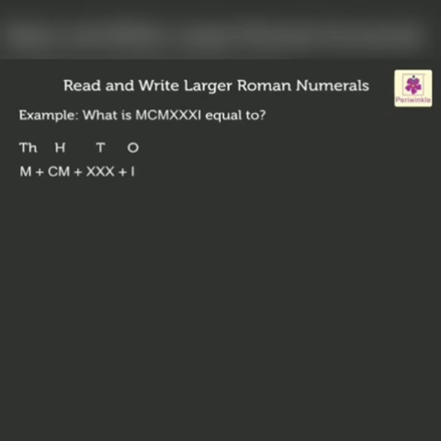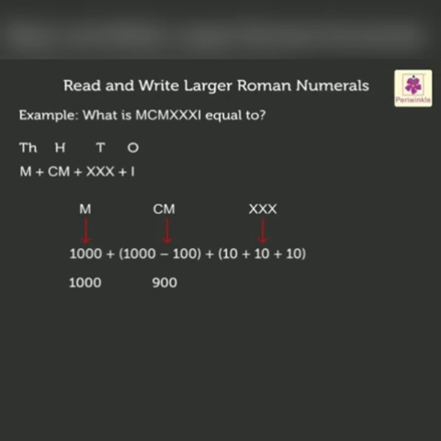Now, let us write down the values of the respective numerals. The value of M is equal to 1000. CM is 1000 minus 100, which is equal to 900. XXX is 10 plus 10 plus 10, which is equal to 30.